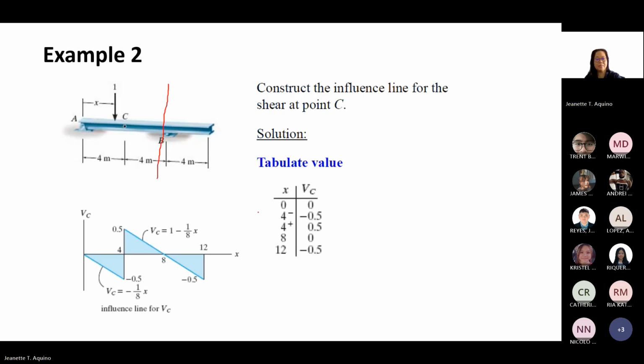We take moment with respect to point B. So negative AY times 8, plus 1 times 8 minus x.